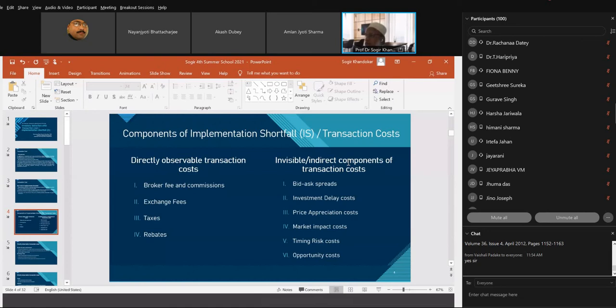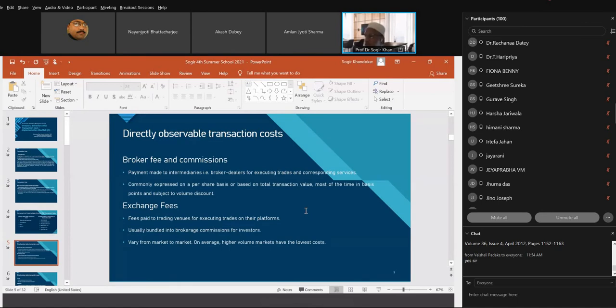The invisible or indirect components include bid-ask spread, investment delay cost, price appreciation cost, market impact cost, timing risk cost, and opportunity cost. Let us see what each of these individual components means, that is, the meaning of these 10 components of transaction cost.